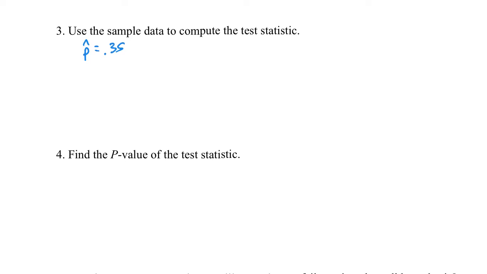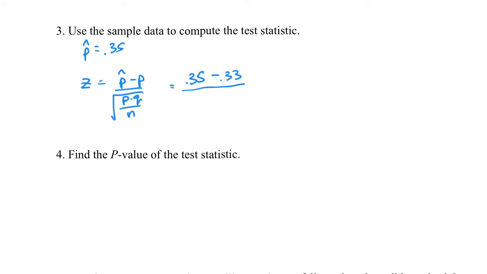To compute the standardized test statistic, to find our z-score, we use our new formula: p hat minus p over the square root of p times q over n. So p hat is 0.35. And remember that p is the number in the null hypothesis, which is 0.33. So you go minus 0.33.